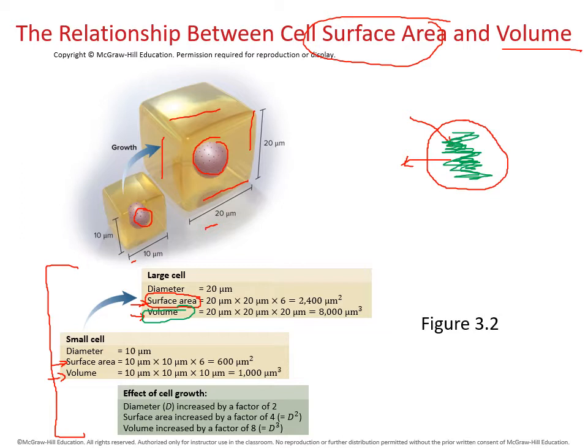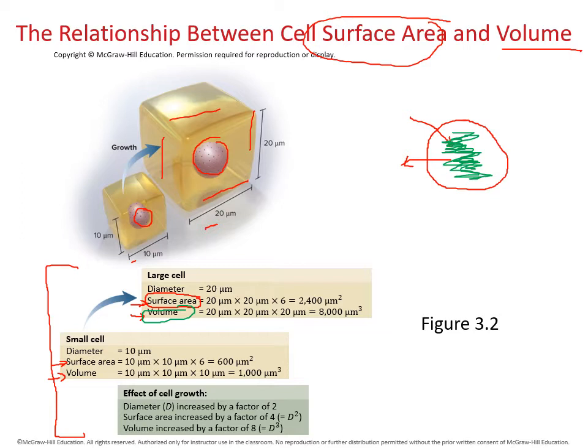If some of these sound a little foreign to you, no worry, we do have a section at the end of the chapter where we'll take a look at these organelles and get to know what they actually do. Either way, the internal workings of the cell, so everything that I've colored in green that makes up its volume, that's going to determine exactly how large the cell is on the inside, which will then directly contribute to how many nutrients need to come in and how much waste needs to go out.